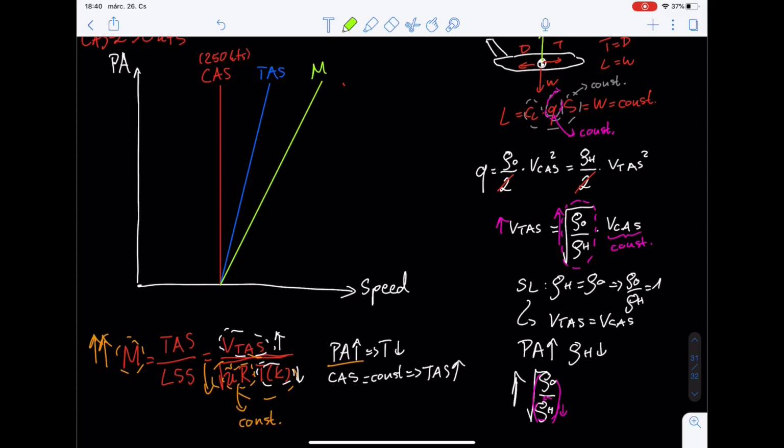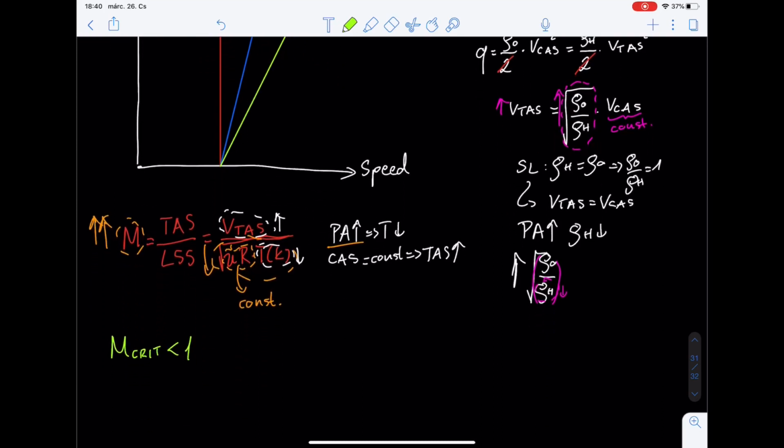Basically your lift is going to suddenly decrease and your drag is going to suddenly increase, and all sorts of aerodynamic transitions go through, which are very negative from our perspective. So we want to keep the speed at or below that. Usually we're going to have a maximum operating Mach number to give us an operating limit.